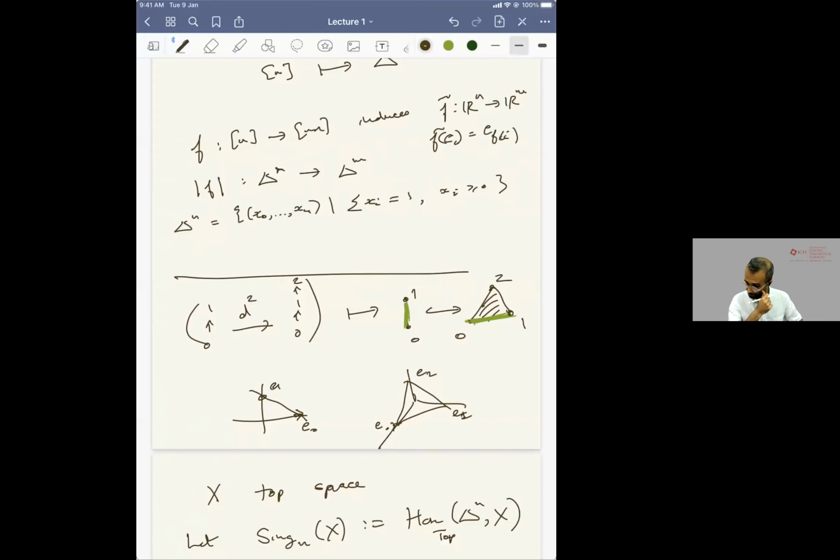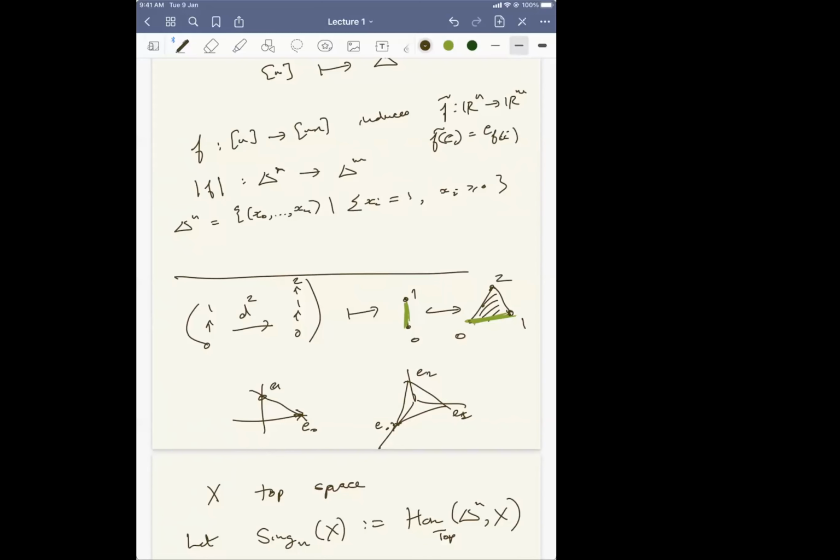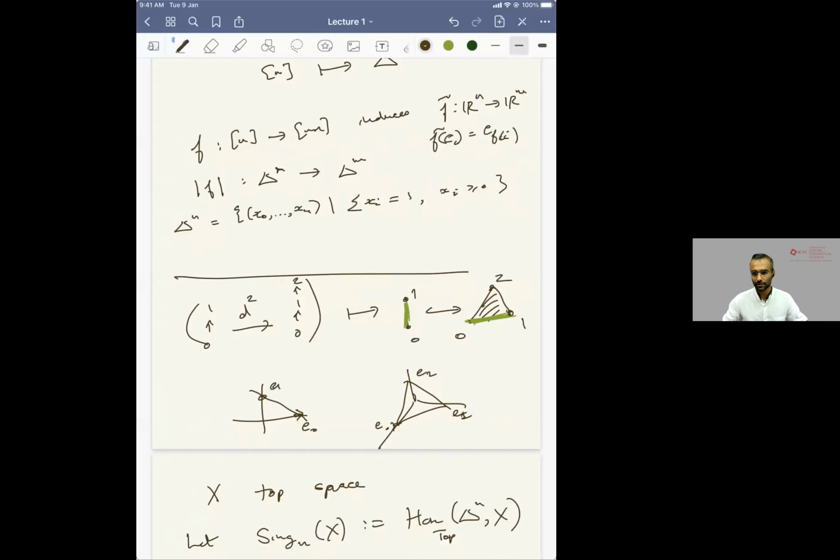That maps ei's to ei's, and you look at the induced map on the convex hull of these points.